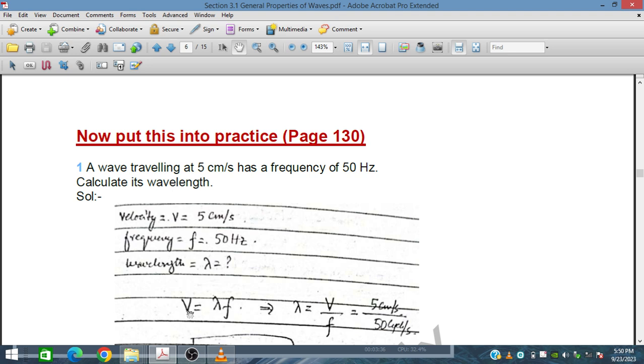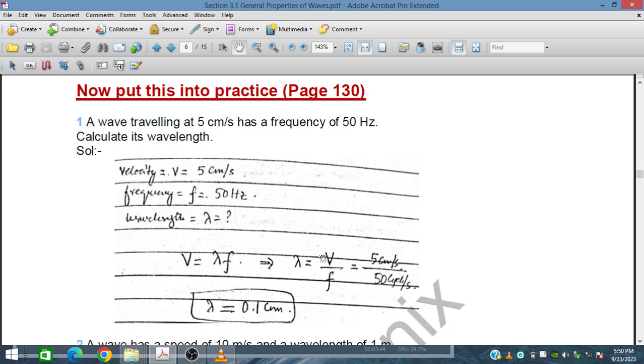So velocity, speed is equal to lambda times frequency. So lambda is equal to speed upon frequency. The speed is given as 5 centimeters per second, and the frequency is 50 cycles per second, or 50 hertz. So this second will cancel, and centimeters is given. 5 divided by 50 is 0.1 centimeter.